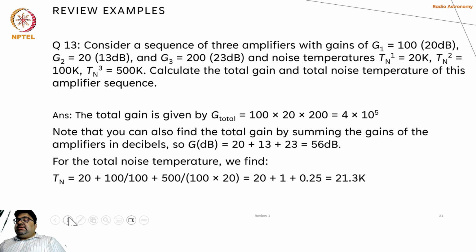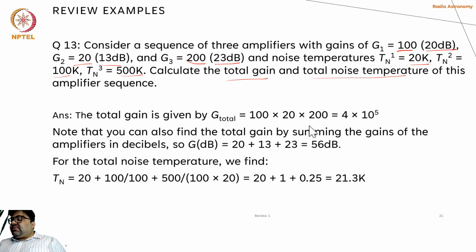Question number 13. Consider a sequence of 3 amplifiers with gains G1 of 100, that is 20 dB, G2 of 20, that is 13 dB, G3 of 200, that is 23 dB, and noise temperatures of 20 Kelvin, 100 Kelvin, and 500 Kelvin. Calculate the total gain and total noise temperature of this sequence.